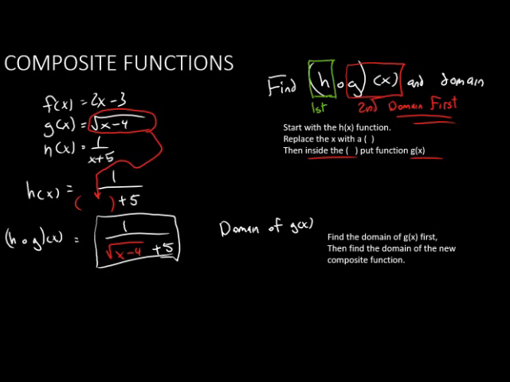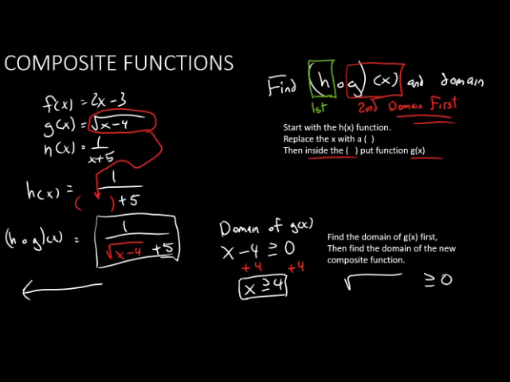In our g of x function, we have a square root, and when we have a square root, that means the inside must be greater than or equal to 0, and so we'll say x minus 4 greater than or equal to 0. If we add 4 to both sides, we will end up with x greater than or equal to 4. If we draw a number line from this, that means everything greater than or equal to 4 will be part of the answer.